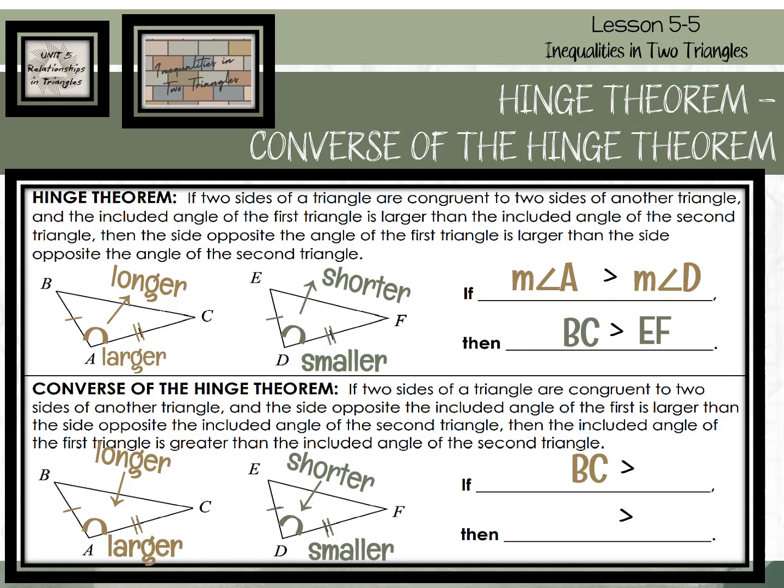So if length of segment BC is greater than length of segment EF, then measure of angle A is greater than measure of angle D.